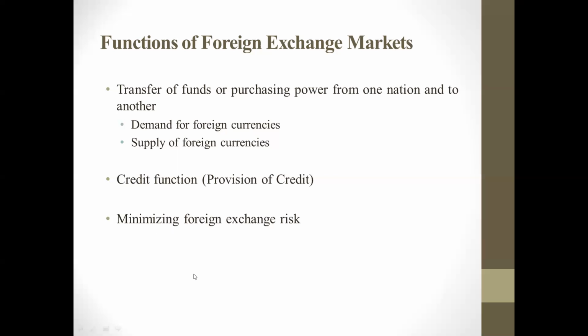Therefore, remember, the foreign exchange market has three main functions: transferring purchasing power from one nation to another, providing credit facilities, and minimizing foreign exchange risk.